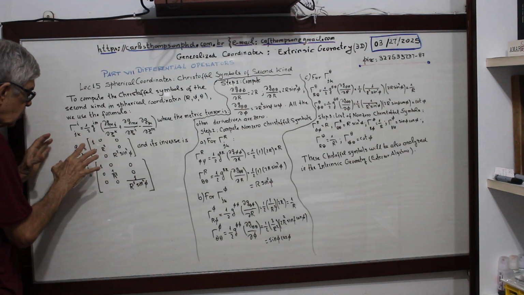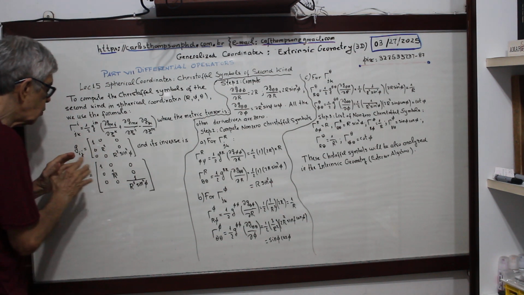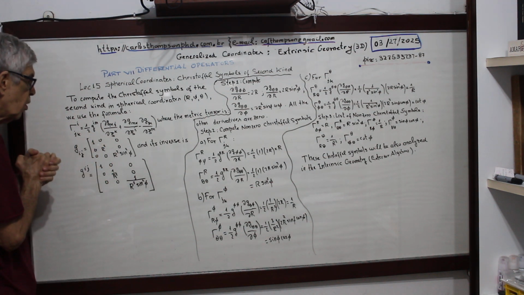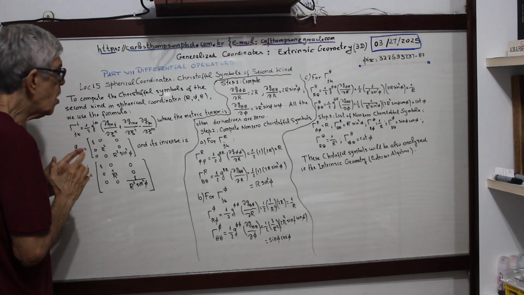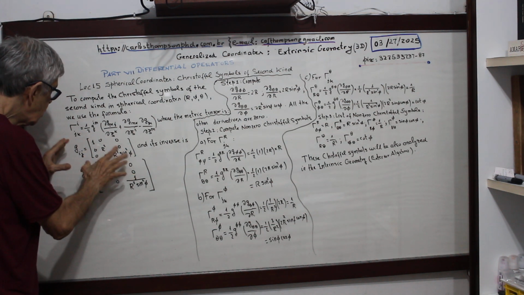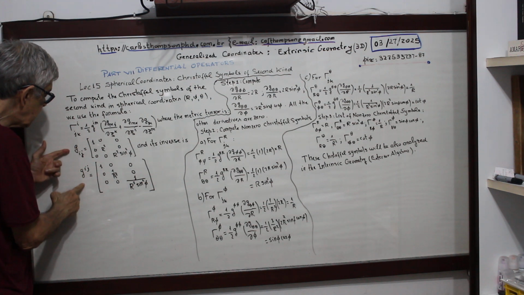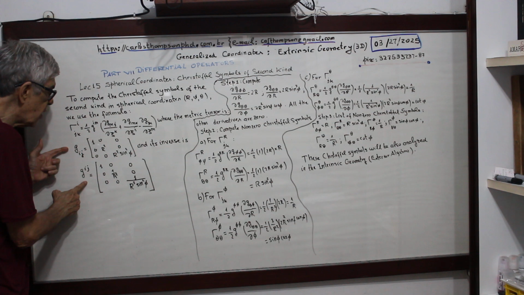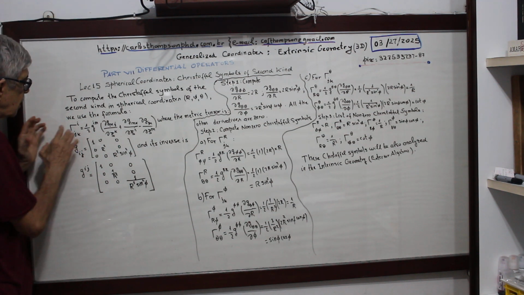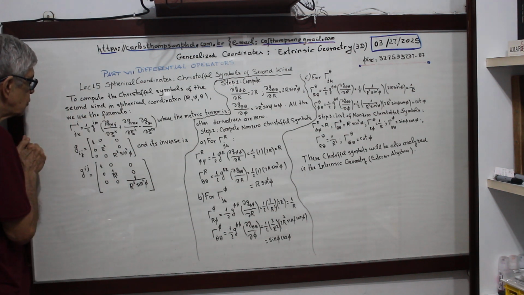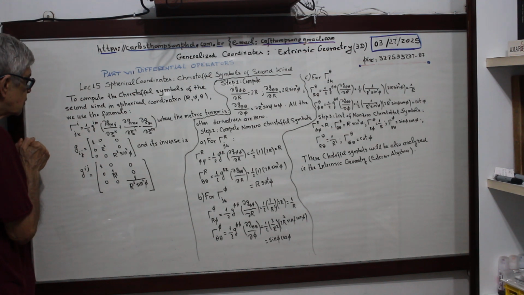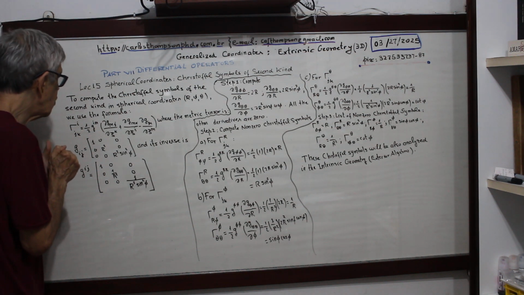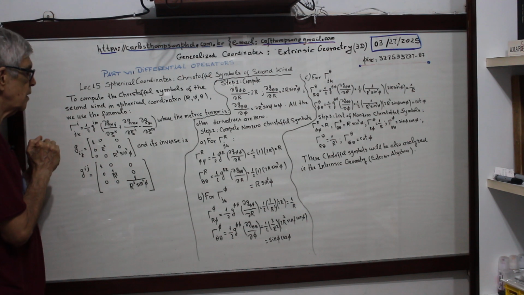So this was done, what was discussed before. Now, we will apply this metric, the components. This is a covariant, this is a contravariant metric. This will apply to obtain the Christoffel symbol for the spherical coordinate.